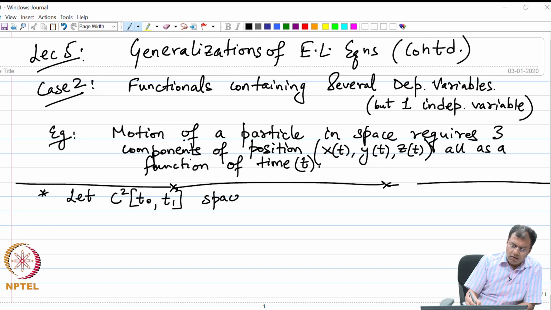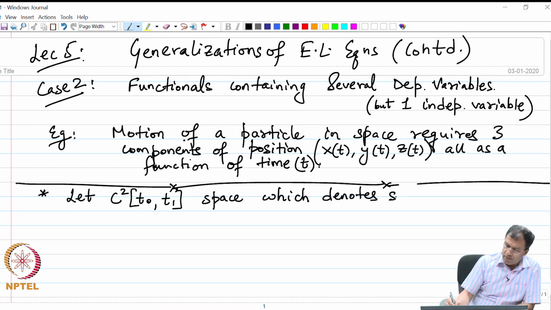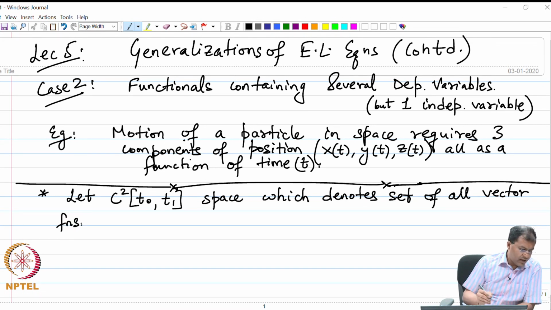We describe this space which denotes the set of all vector functions, q bar from T0 T1 to Rn. So, the domain of these vectors is picked up from the interval, which is mainly the time t, and the range is all the components of this vector q bar, which is in Rn.